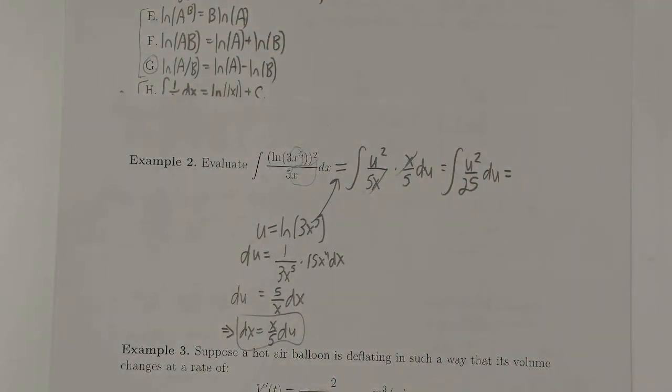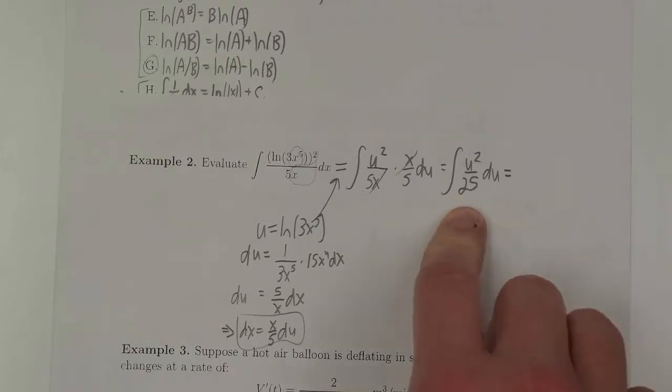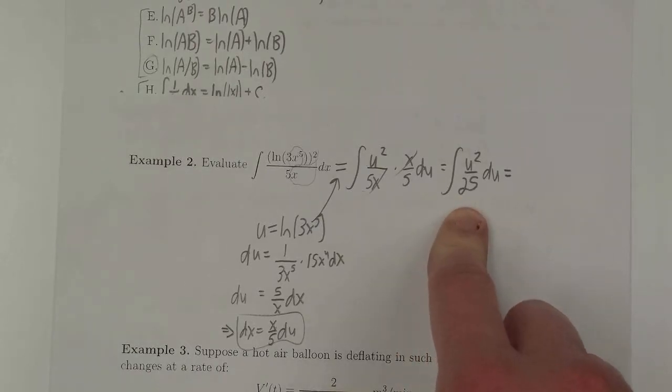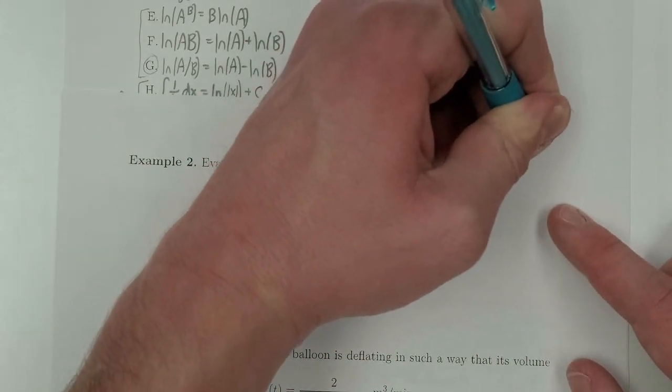So that has a pretty nice antiderivative of what? So what is the antiderivative of u squared over 25? Is it 1 over 75 u to the third? Yep. It would be u cubed over 75.